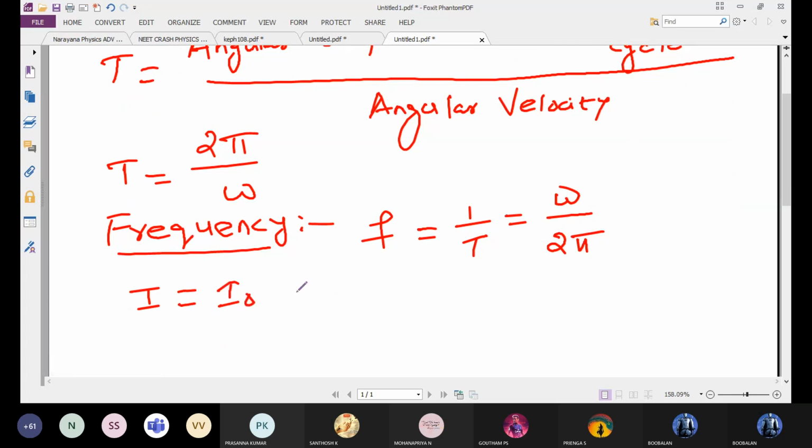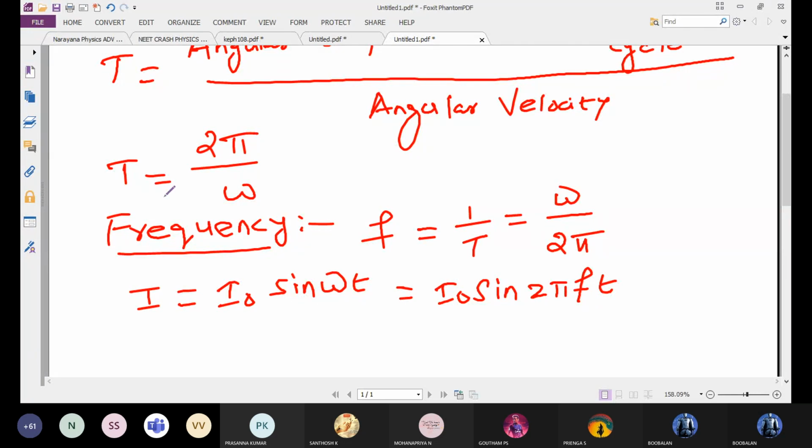Now instead of omega, I am applying a value. Omega is related to frequency, so omega equals 2 pi into F, where F is the frequency, into time.